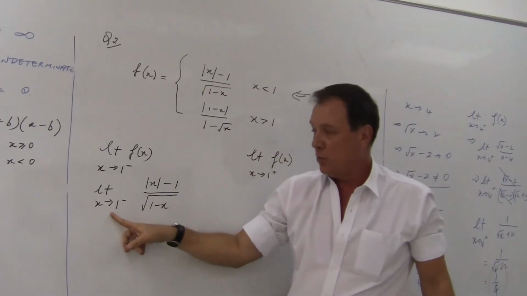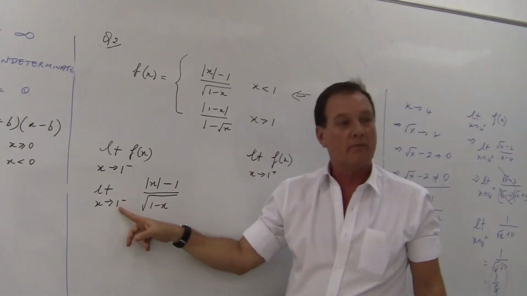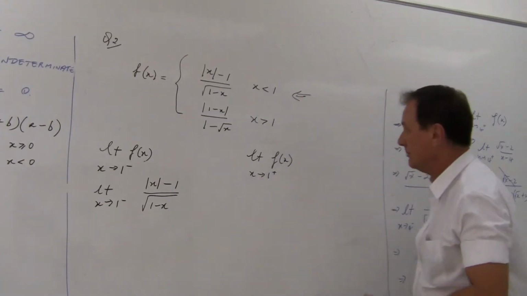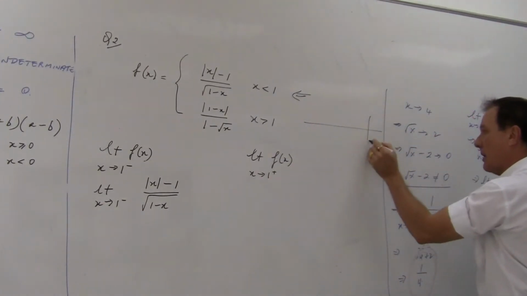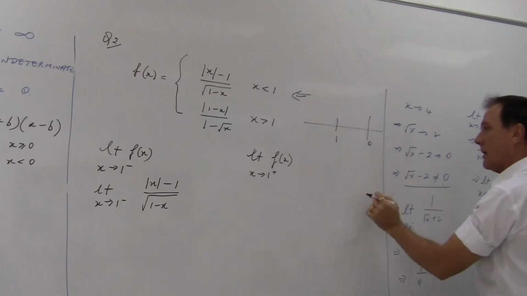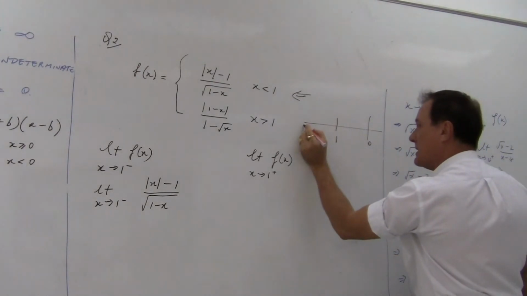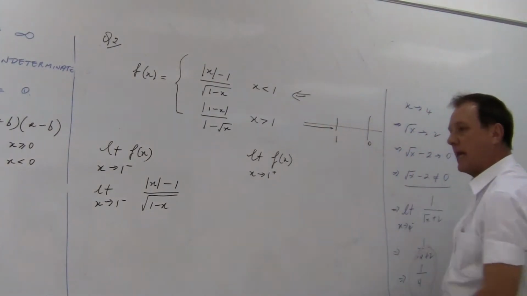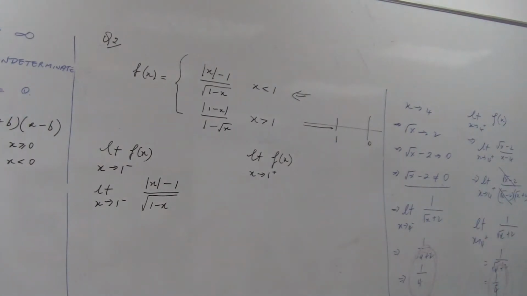This says here we're working with numbers that are approaching 1 but from below. So here's your number line. Here's 0, here's 1. I'm looking at a sequence of numbers that are coming in towards 1 from the left. That's what it means.